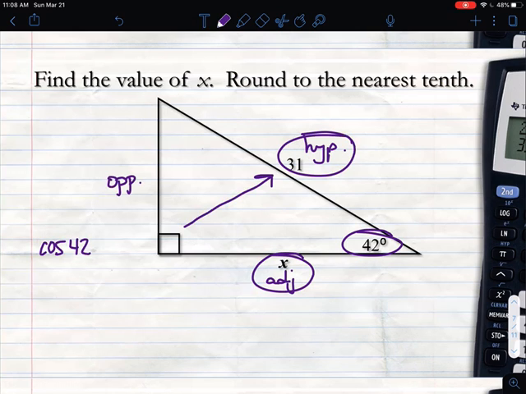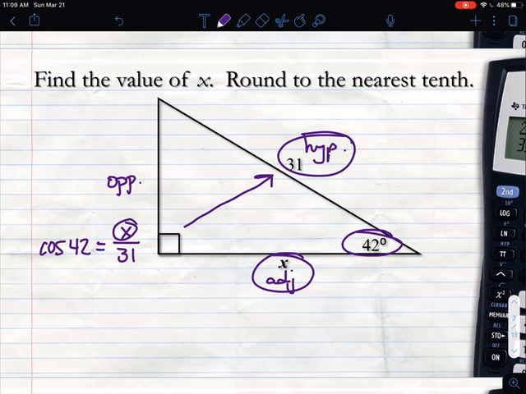The angle always attaches to the trig. So cosine of 42 is equal to, and now I set up my ratio. We always go adjacent first on top, so x on top, and then 31, the hypotenuse on the bottom. And so this is the first step in this process, is just making sure we get the right trig ratio and making sure we get everything set up correctly.